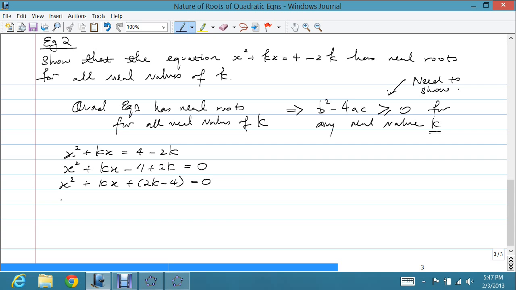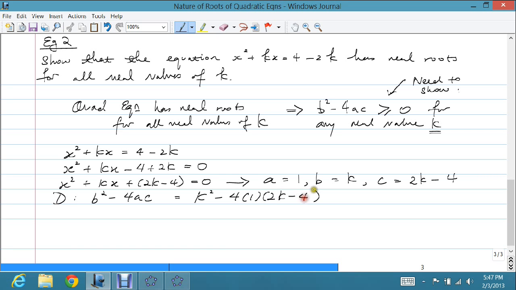So from here I know that a equals 1, b equals k, c equals 2k minus 4. So the discriminant is b squared minus 4ac, which gives me k squared minus 4 times (2k minus 4). Let's simplify this. I get k squared minus 8k plus 16.